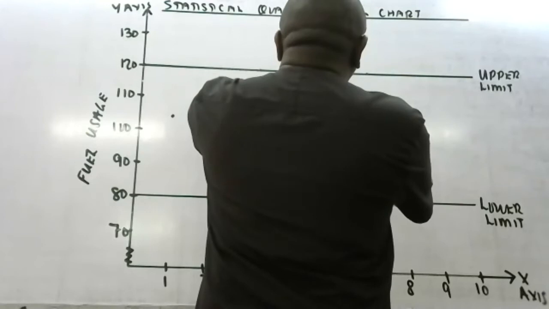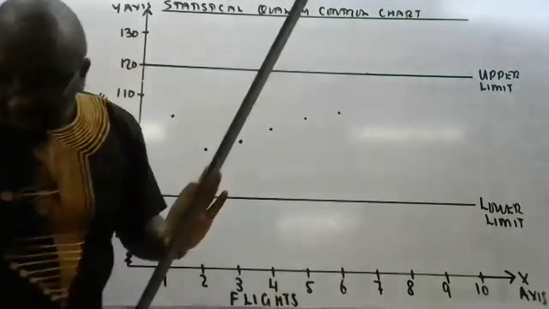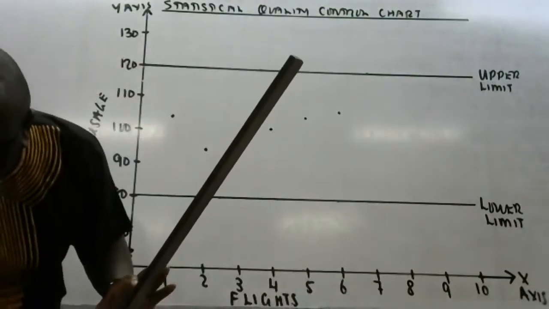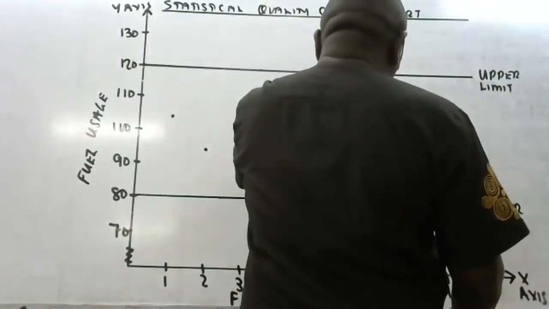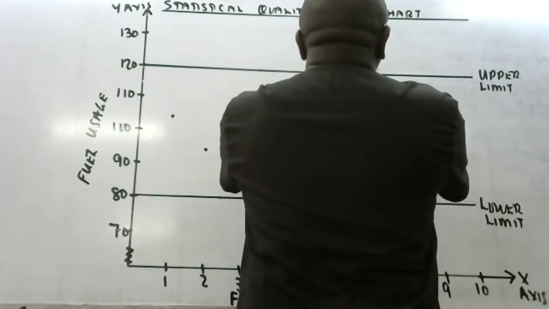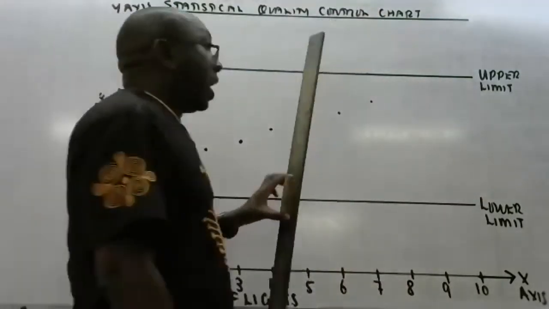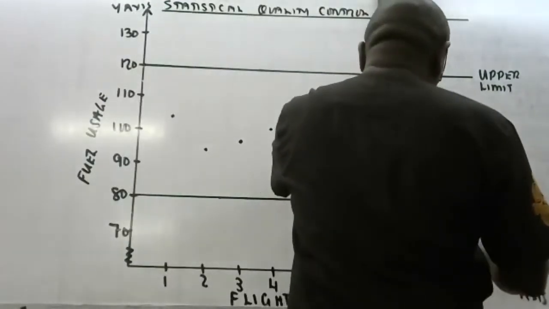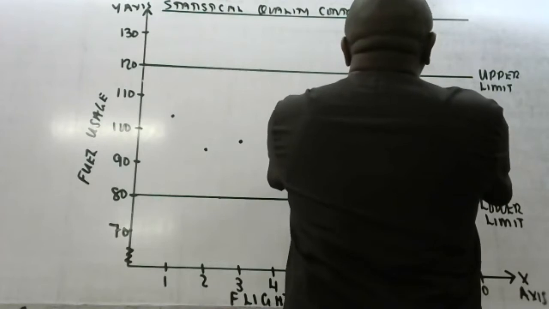So 107 should be somewhere here. Next is 111. My 111 is here. So this is my 110. So 111 is here. Next is 112. 112 is somewhere there.